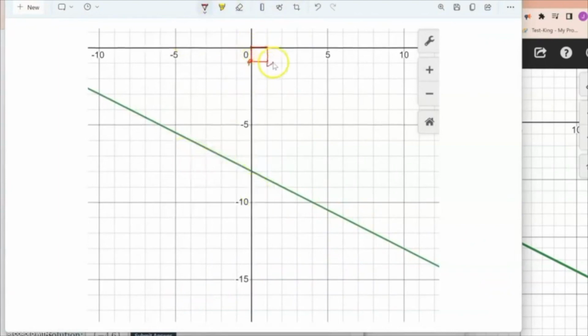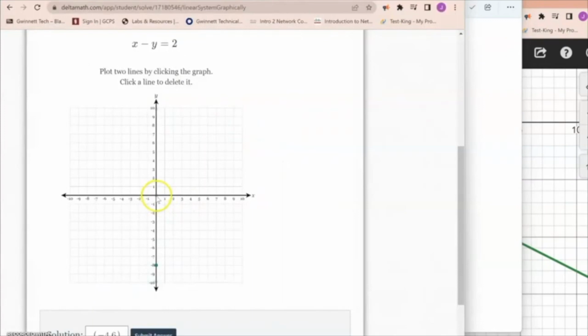This is a corner, this is a corner, this is a corner, this is a corner. All right, so I'm going to start going across. Is this a corner? Nope. Is this a corner? Yes, it is. So that crosses a corner. I'm going to go to my x, which is 1, 2. And I'm going to go to my y, which is 5, 6, 7, 8, 9, -9. So 2, -9 is going to be where I go. 2, -9. And you see it's the same line that we had before.